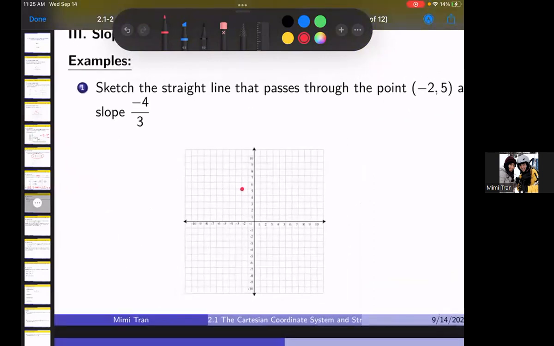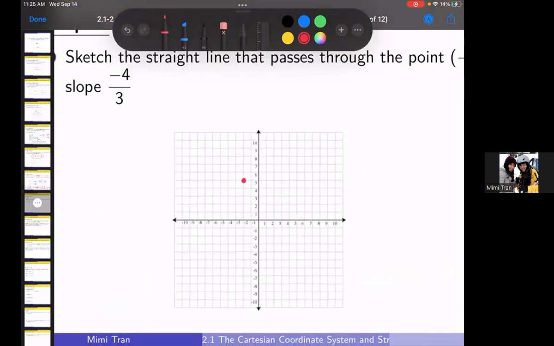And then I don't give you another point, but I give you a slope. What does that tell you? Yeah, 4/3. That's all. So from that red point, don't start from the origin. From that red point, you go down, rise down 4 and run over 3. So right there.